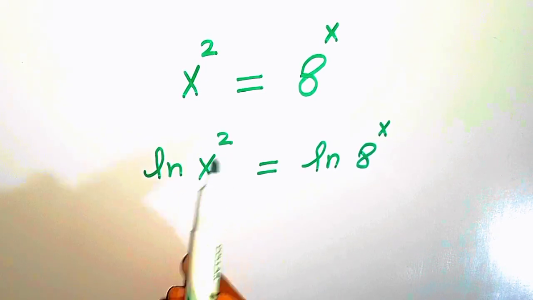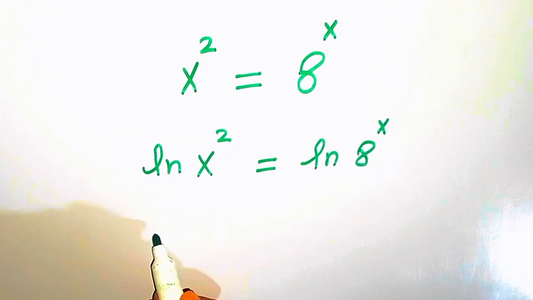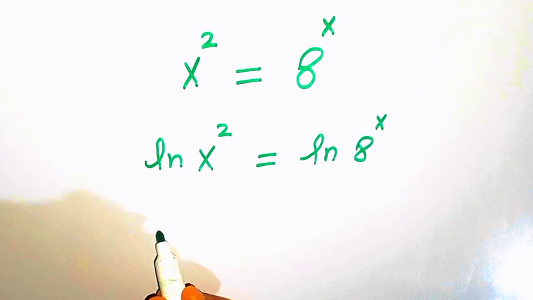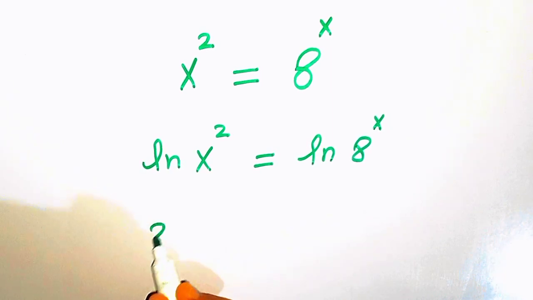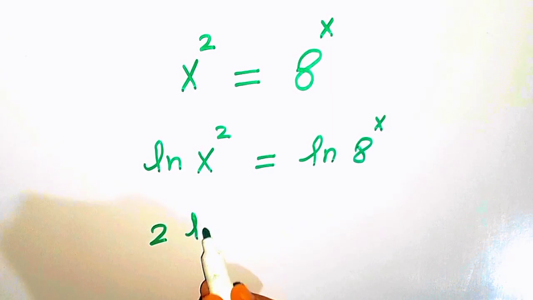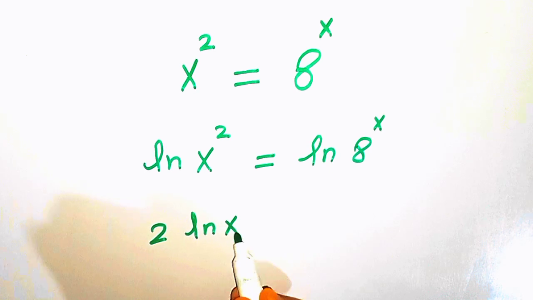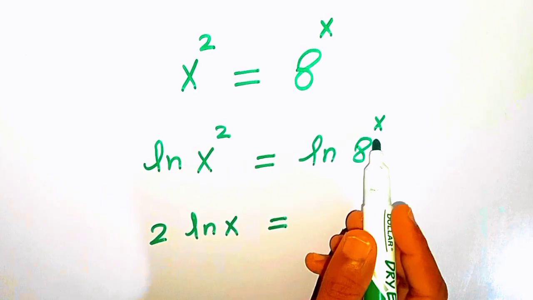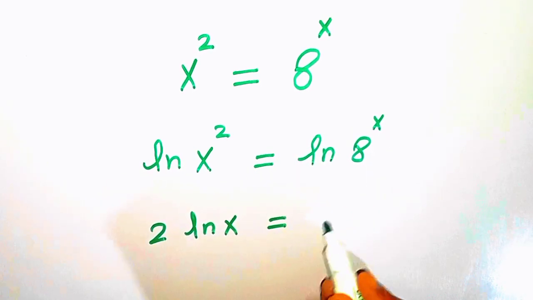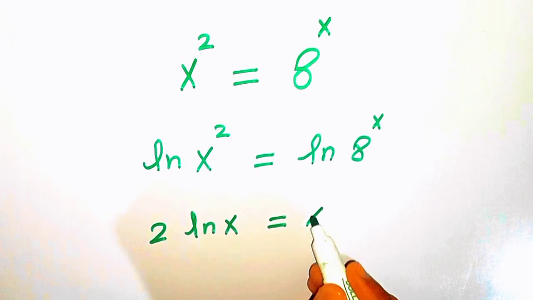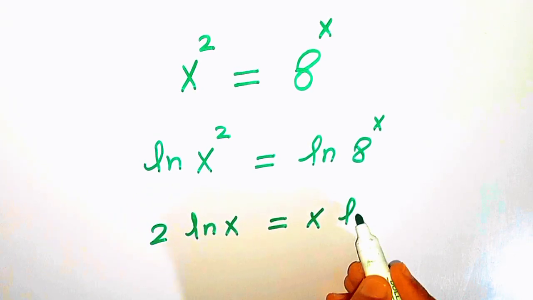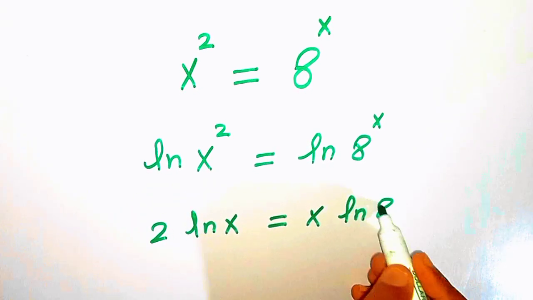So this power 2 comes to the start, and the equation becomes 2 ln x equals, and here the power is x, so x comes to the start, x ln 8.